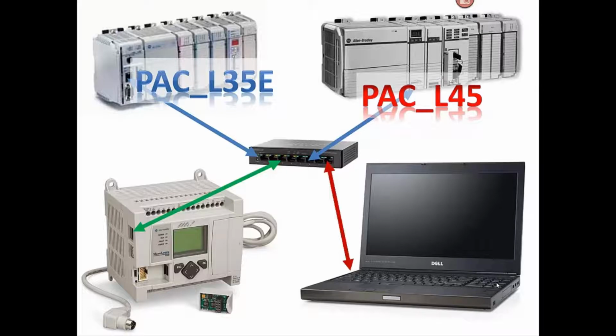So we're personifying. We'll just say PAC-L35E and PAC-L45 as if we're saying Jim and Pamela. Okay, so we're personifying them, so we won't use the word controller. We'll just say PAC-L35E, etc.